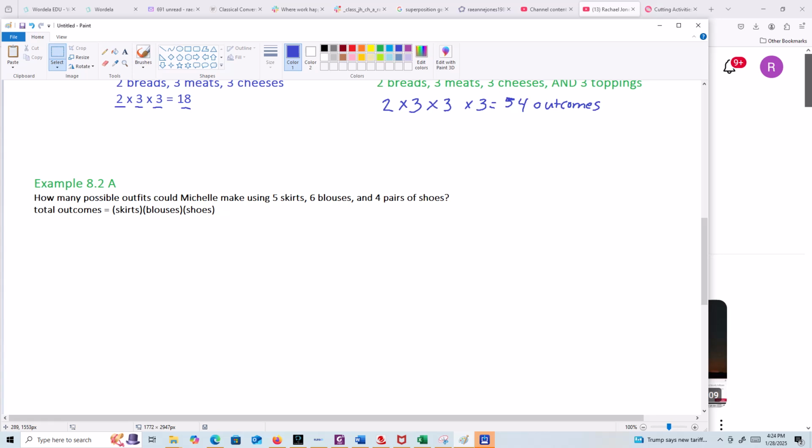We've got 5 skirts, and remember you can use parentheses for multiplication. So we have 5 skirts times 6 blouses times 4 shoes, and you get 120. 5 times 6 is 30. 30 times 4 is 120.